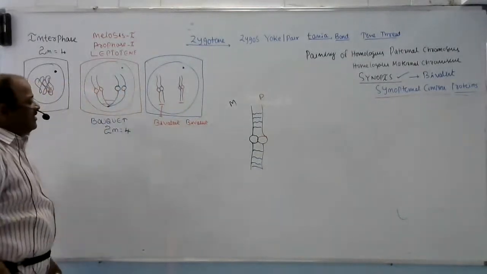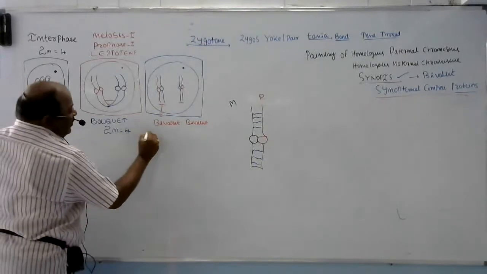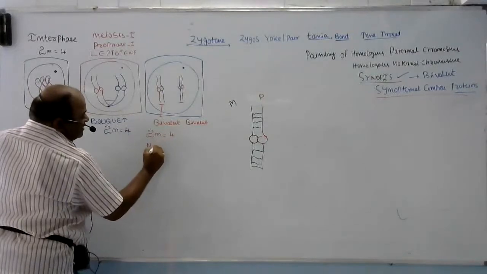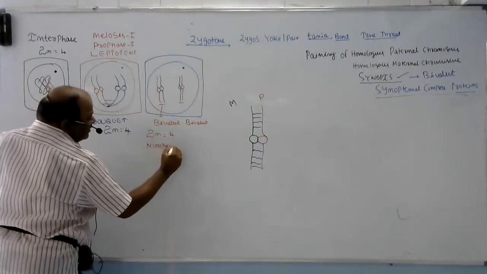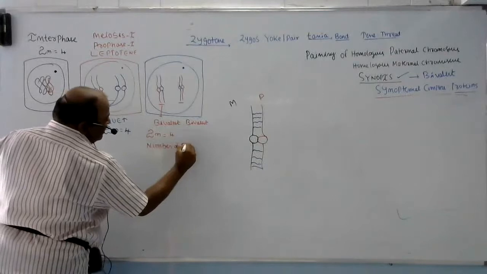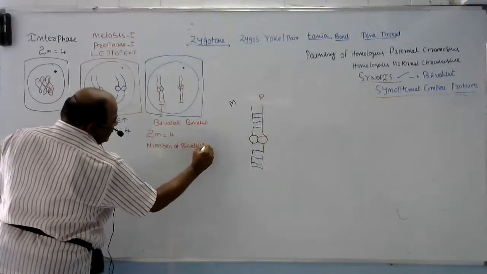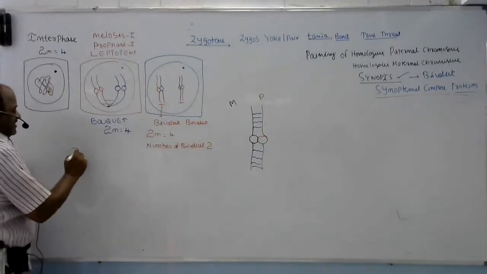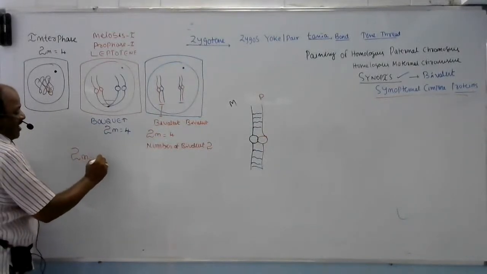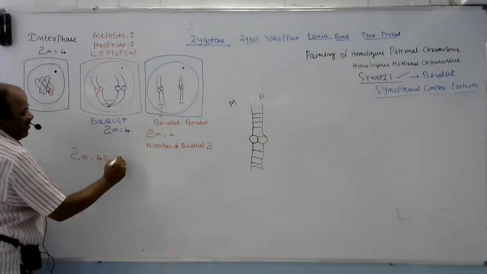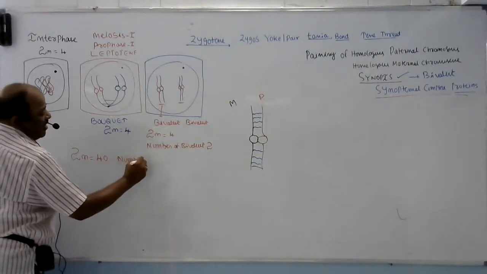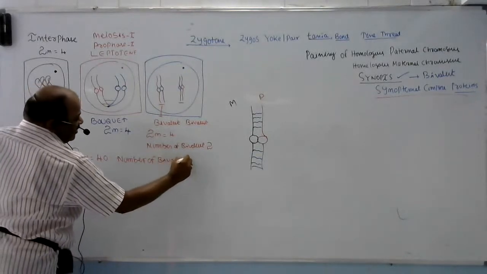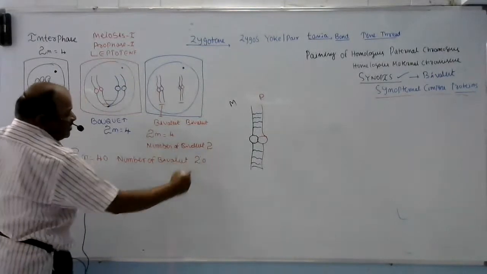One bivalent. So, tell me, if 2n equals 4 is present, what is the number of bivalents? Bivalents are 2, meaning pairs. Tomorrow in the exam, we will ask: if 2n equals 40 chromosomes are present, what is the number of bivalents? 20.